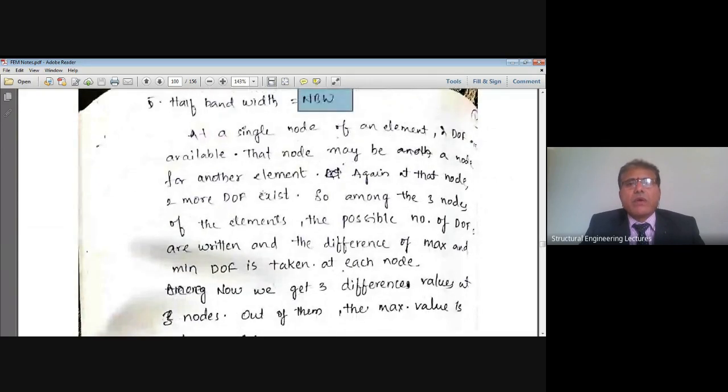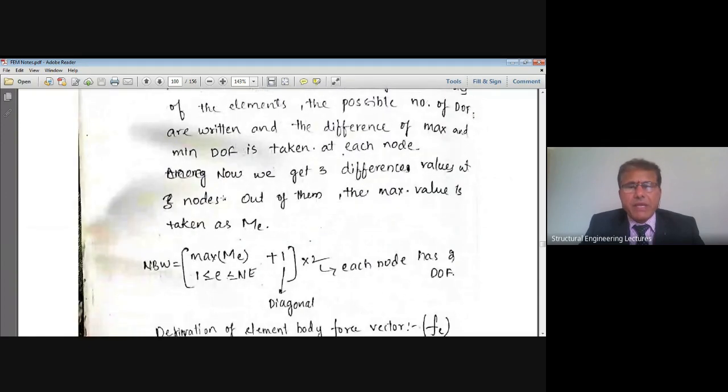That is how half bandwidth can be calculated.